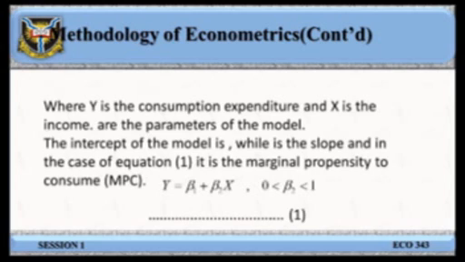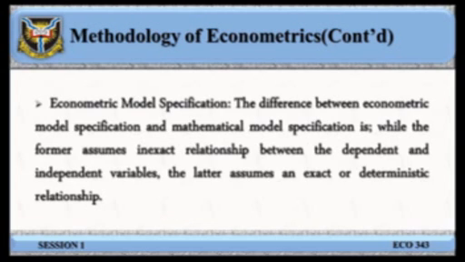However, in the case of one equation like the above, it is called a single equation model, whereas if it has more than one equation, it is known as a multiple equation model. The variable Y is the dependent variable, while the variables on the right side are known as independent or explanatory variables.